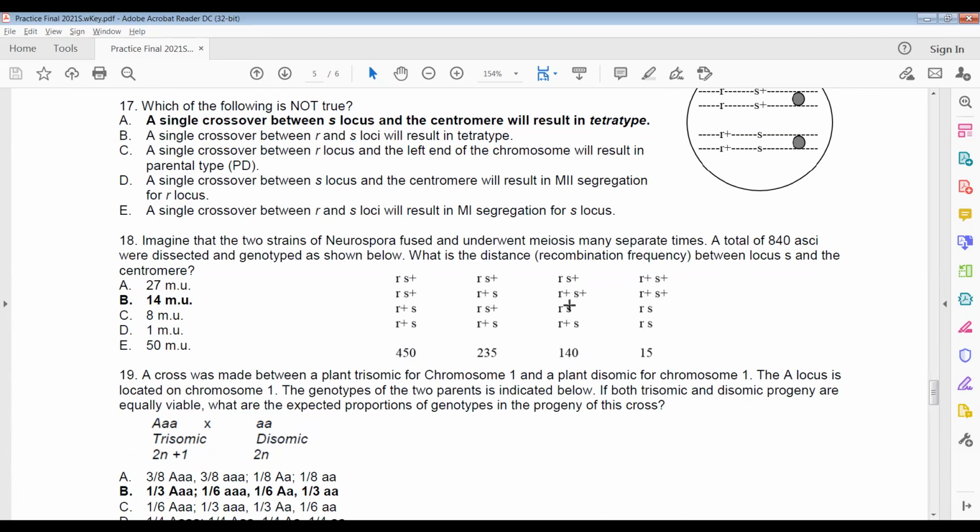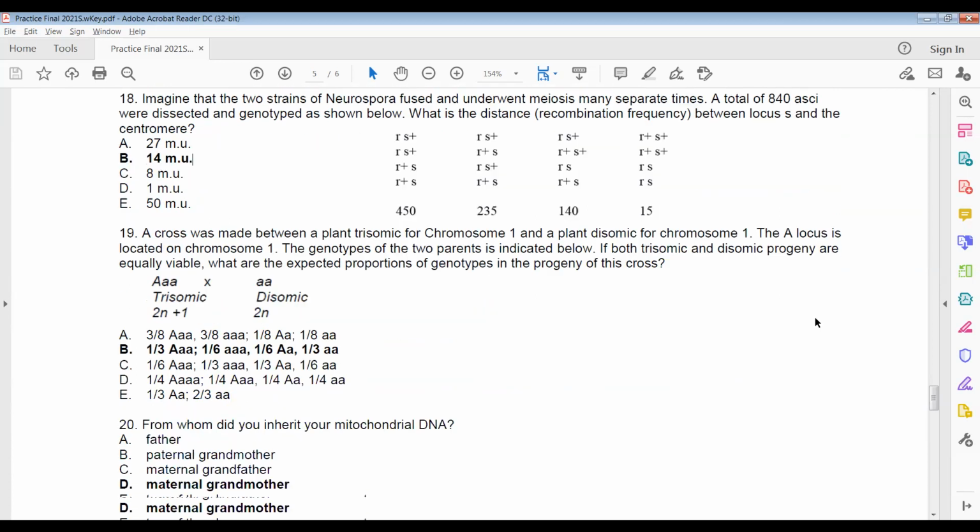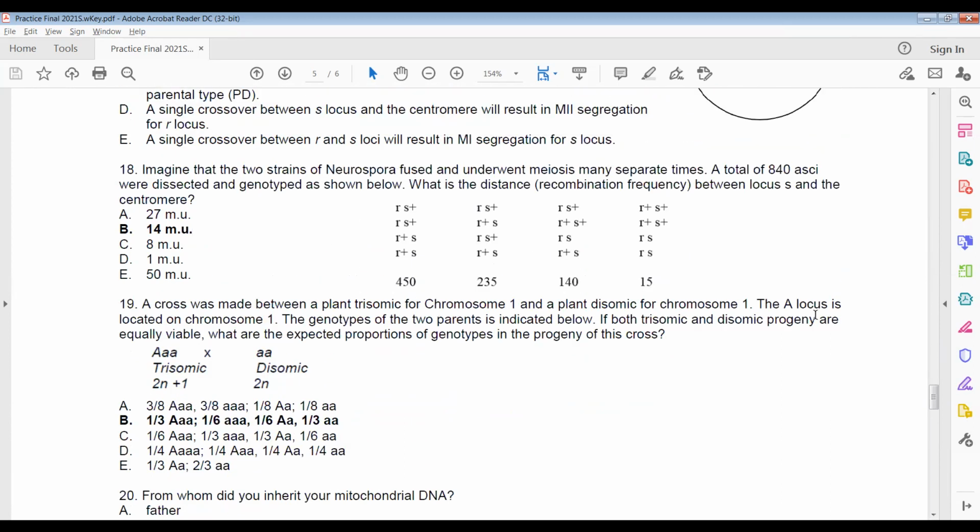But if we are talking about R locus, this one is M2. Yeah, that's M2 for R. Okay, I was looking at both of them at the same time. I forgot that we're supposed to do them individually. Right, that's right. Any other questions for this one?